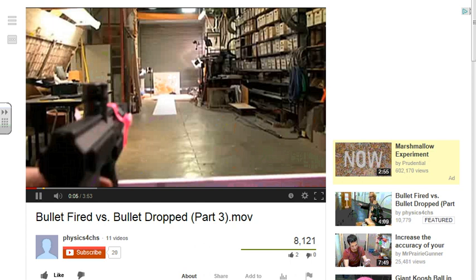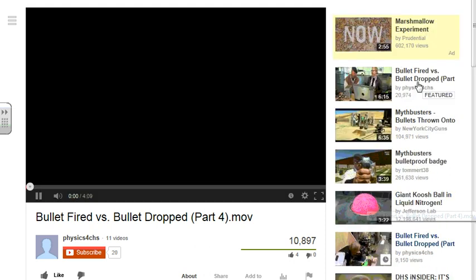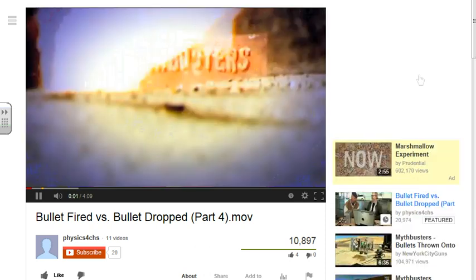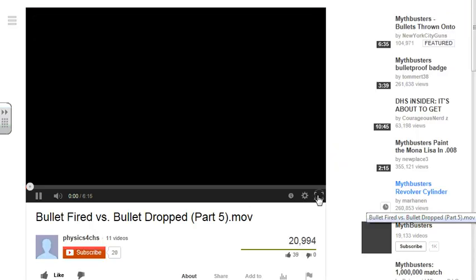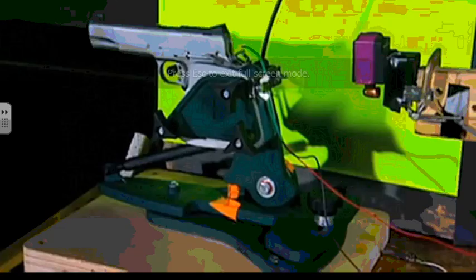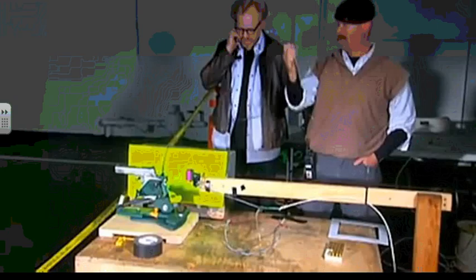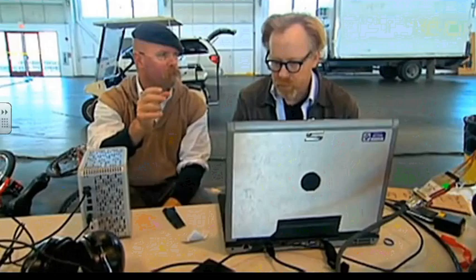So far, testing whether a slug fired at a... The Mythbusters are testing a real doozy. Everything's hot, ready to go. Bullet shot versus bullet dropped.